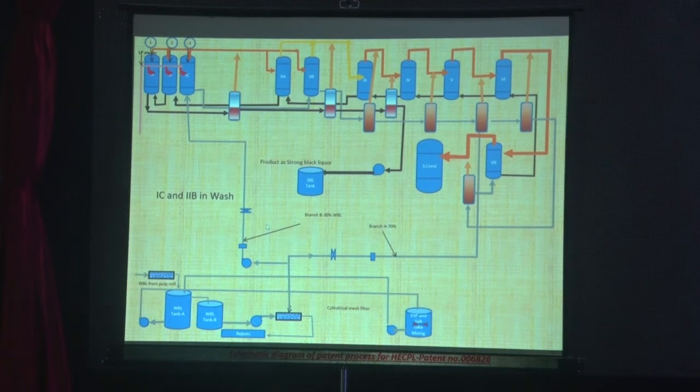One is line B, one is line A. 70% of the total liquor feed is fed in the backward mode, means the feed flash tank number 1, 2, 3. WBL is fed to feed flash tank number 3.